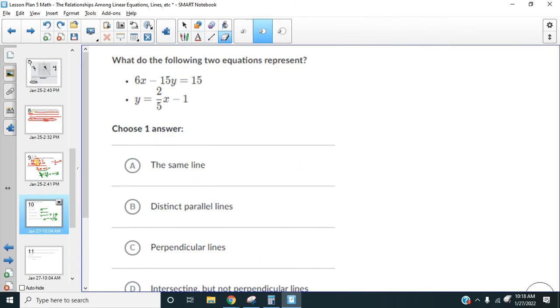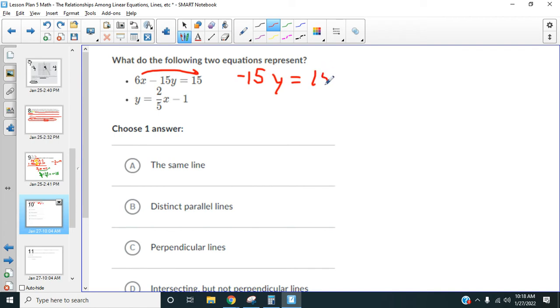On this one here, we're going to have to move some stuff around. First thing would be to move this 6x over there. Then divide by negative 15.